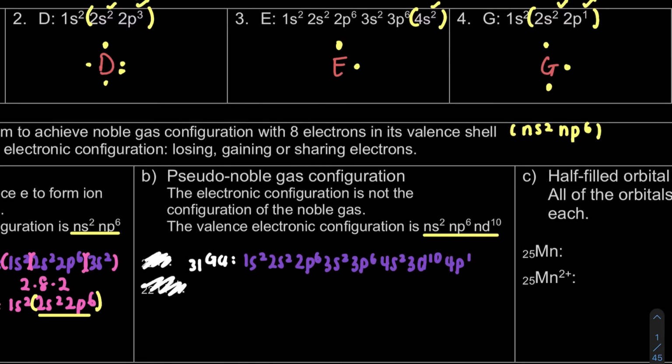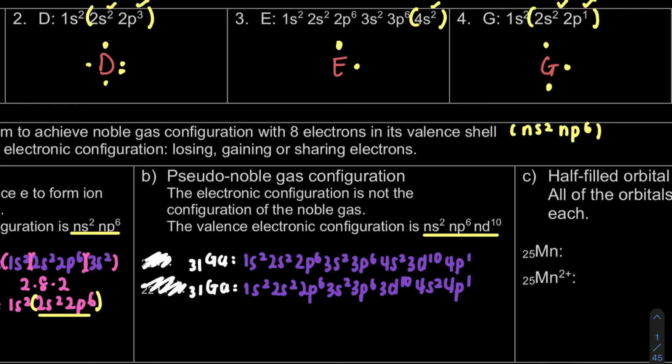Okay, so we're gonna write it down again. But then in terms of n, so n equal to 1 dengan n equal to 2, no problem lah. Okay, so n equal to 3, we have 3s, 3p, and 3d. So we're gonna write down all of it. Okay, and then last but not least, we have 4s2, 4p1.